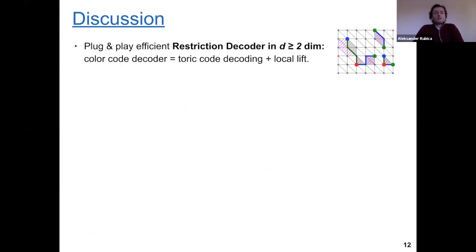I showed you a plug and play color code decoding strategy, the restriction decoder, which works in any dimension. And this strategy relies on the toric code decoding and some local lifting procedure.